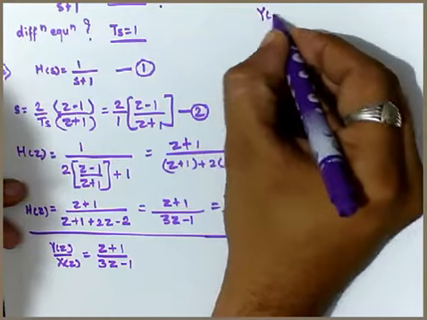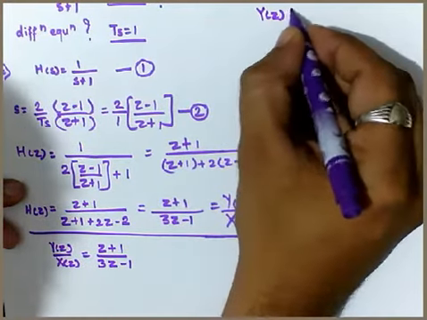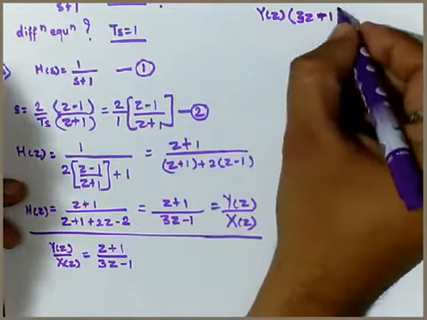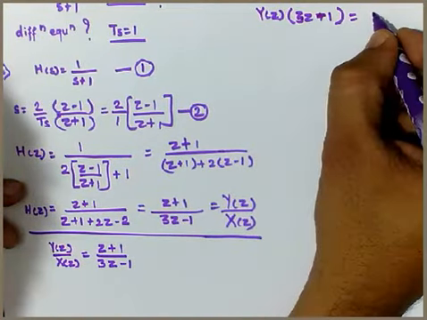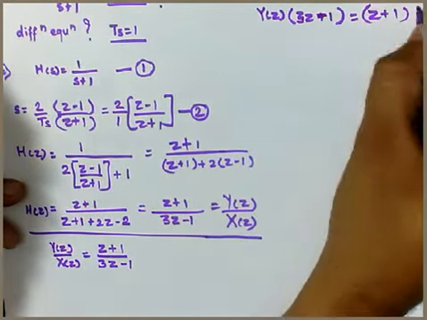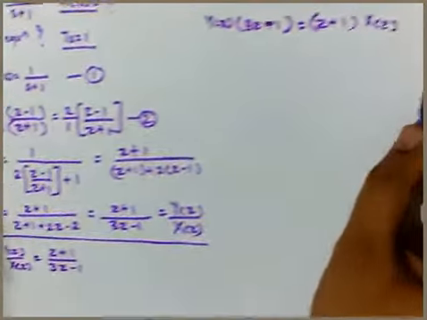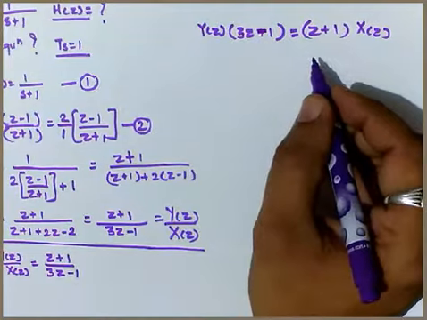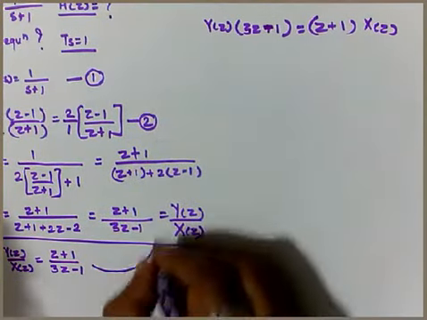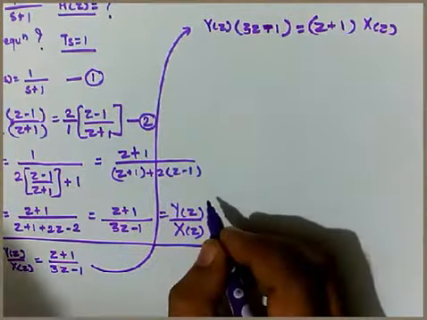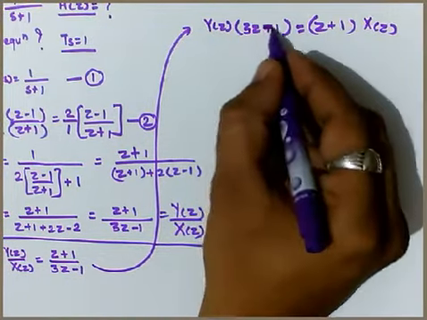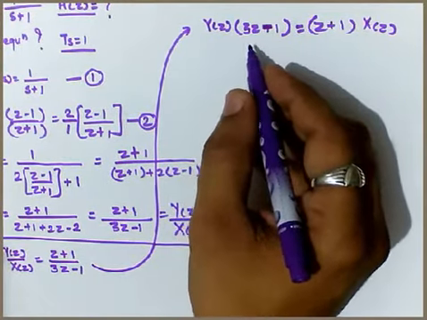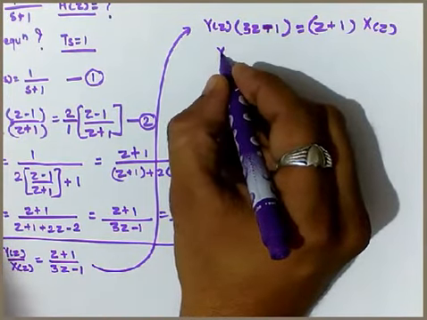This arrangement is specifically done because we do have the time shifting property, and we can find out the y of n or x of n from these two terms. So here let's simplify it. 3y of z minus z inverse y of z, which is equal to x of z plus z inverse x of z.